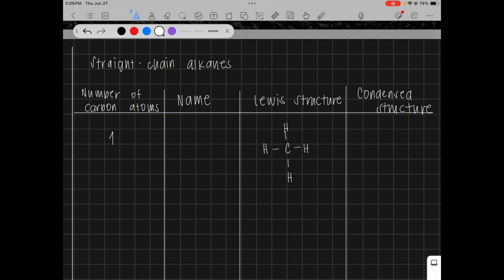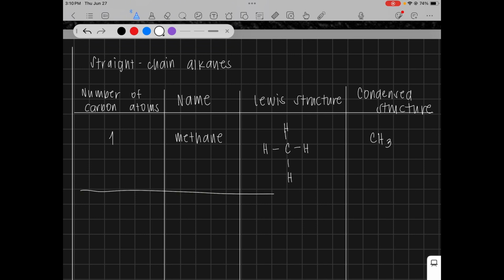So we'll put one carbon atom, and the name of this is methane. If we write the condensed structure, it will be like this. We have one carbon and 3 hydrogen.